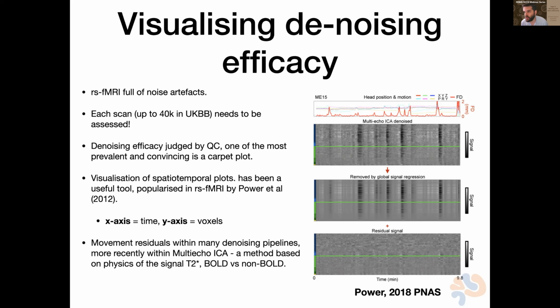He found that the only way to really get rid of these big bands is to do something called global signal regression. Essentially I take the mean across all these voxels, the expression at each voxel, and I remove that to form a residual signal. And you see quite visually striking results of this pre-processing pipeline.